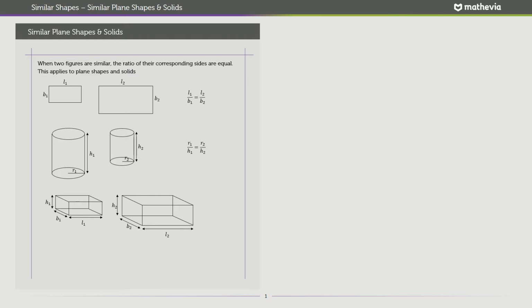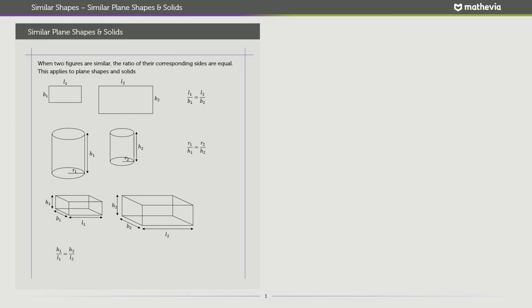The ratio of the height and length of the first cuboid should equal the ratio of the height and length of the second cuboid. The ratio of the breadth and length of the first cuboid should equal the ratio of the breadth and length for the second. So if you pick out any two, basically when you have two similar shapes, the ratio of two of the sides of each of the shapes should be equal.